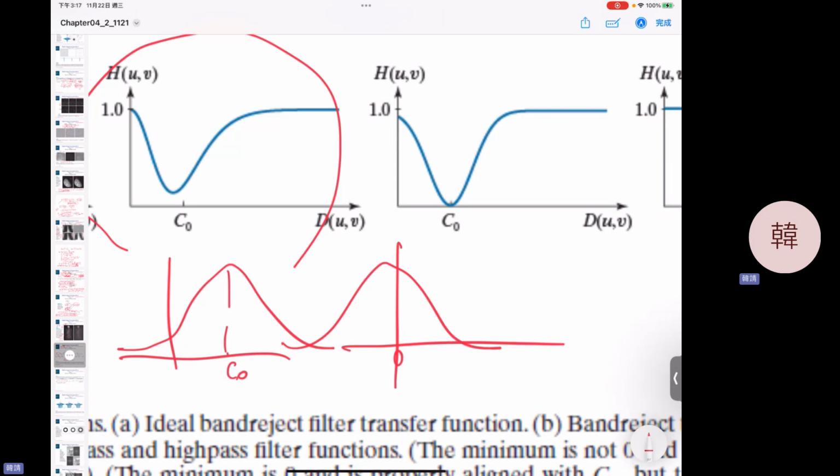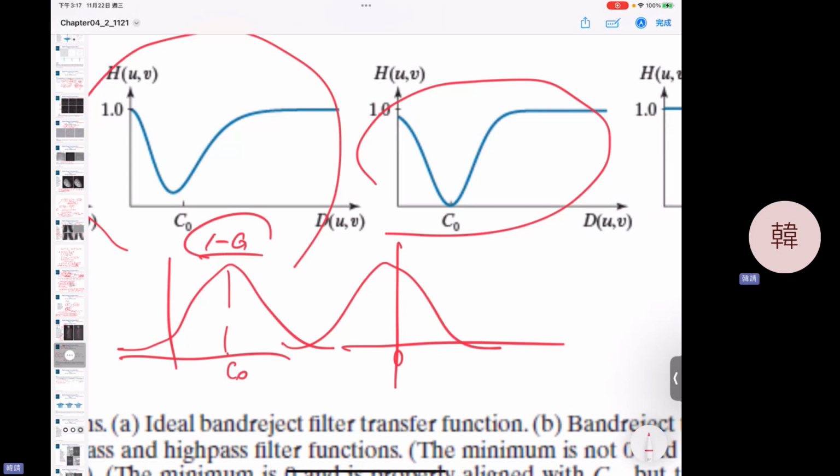How do you do this? You take the Gaussian filter, and then 1 minus the Gaussian filter. The result is exactly this shape, the bell shape upside down. Very easy, intuitively you can get this filter design. However, please look at this one.